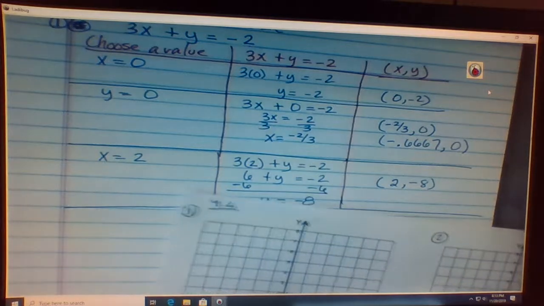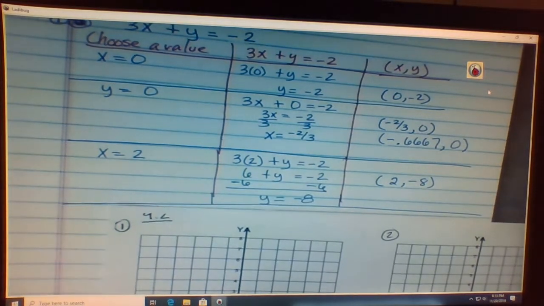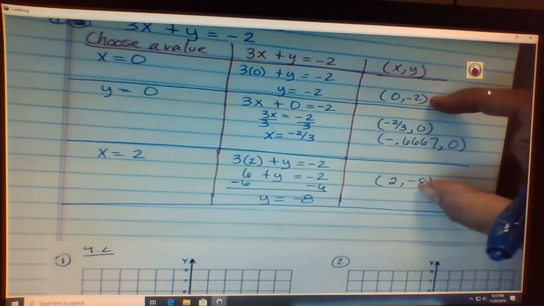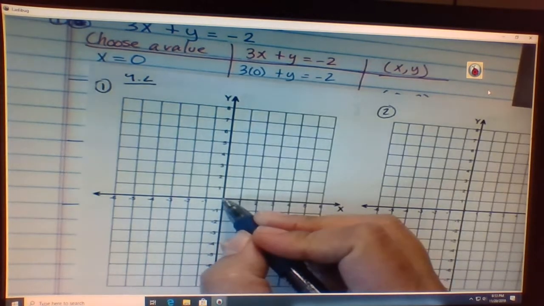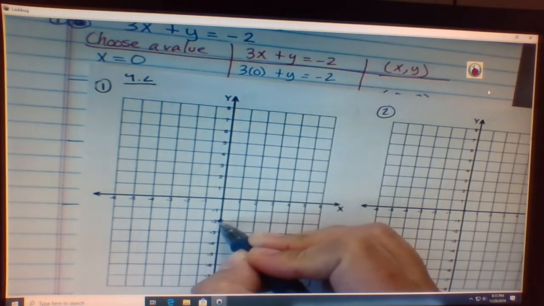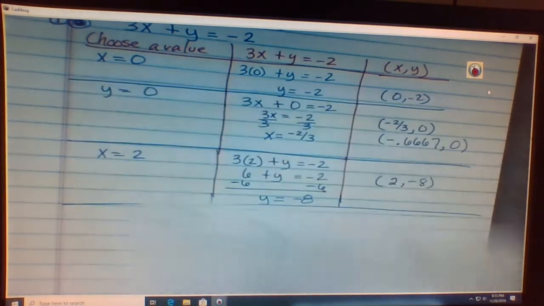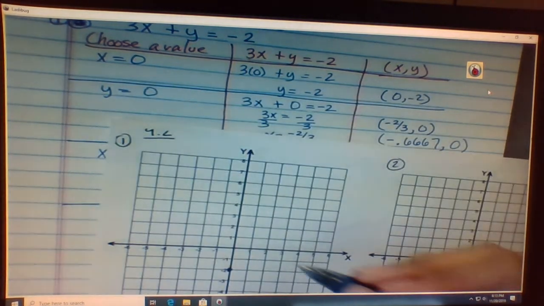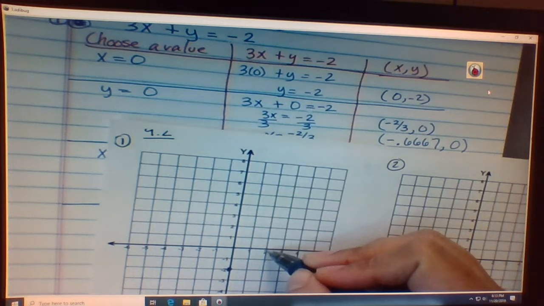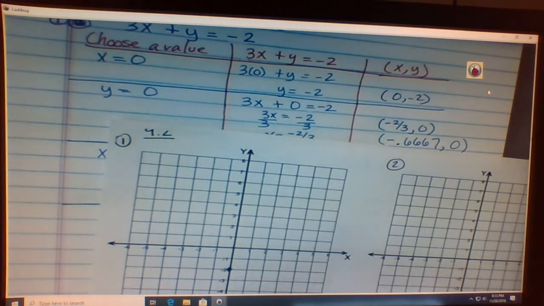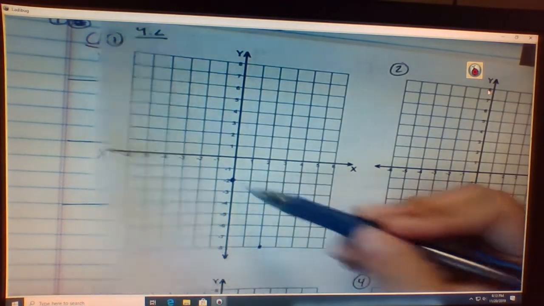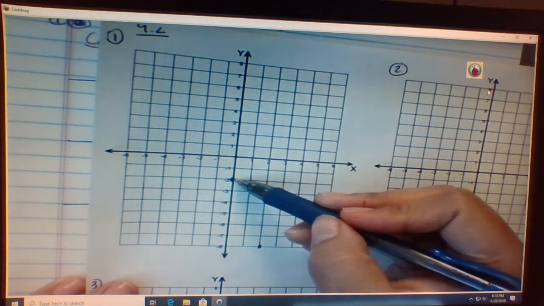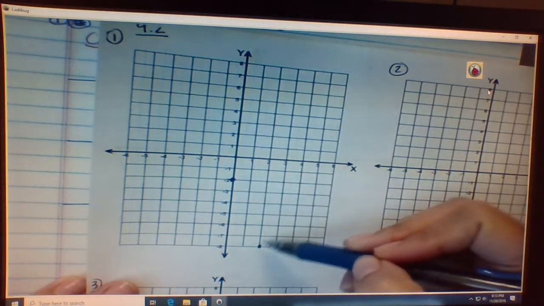I would graph these 2 points first. (0, -2) is here. And (2, -8) is right there. So this is (0, -2) and this is (2, -8).